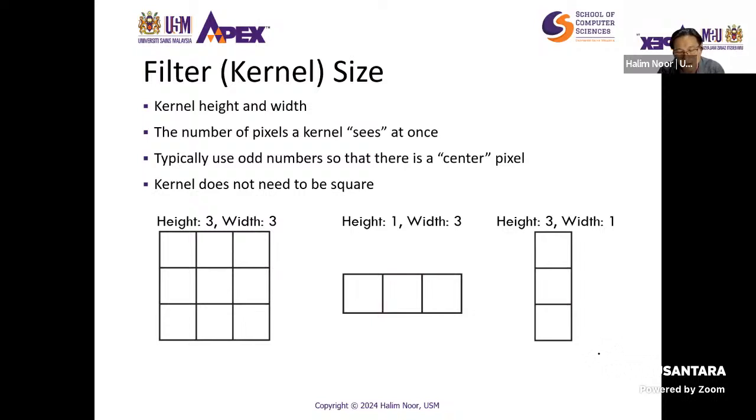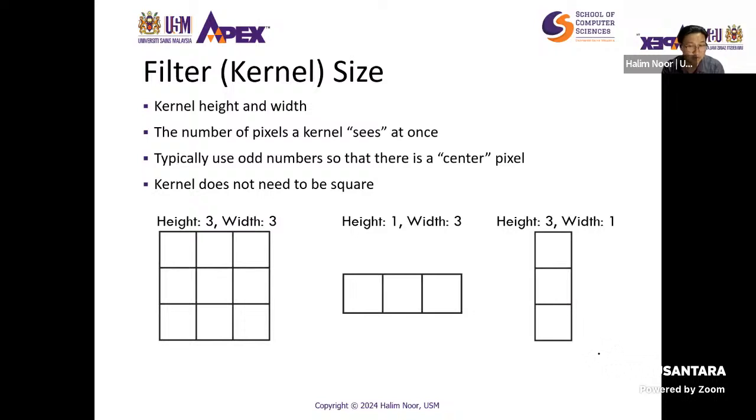Filter and kernel refer to the same thing. The size is basically the height and the width of the filter. It defines the size of the region for the convolution operation.